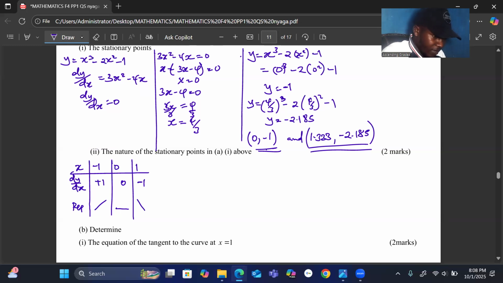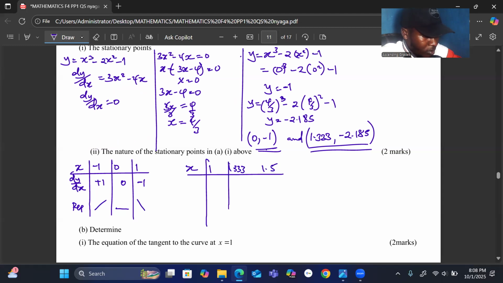Then on the other hand, we have this one. So we have x. The first x is 1, the second one is 1.333, and then we can take 1.5. So we have dy/dx as -1, 0, then 0.75.